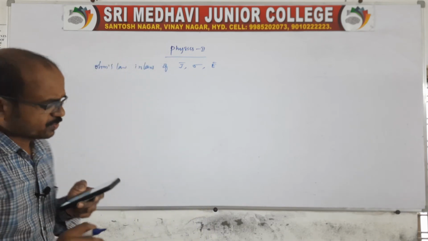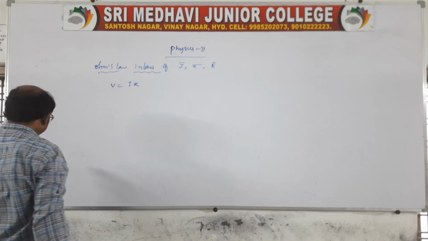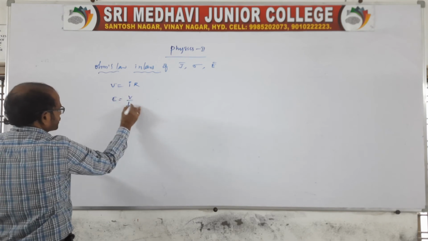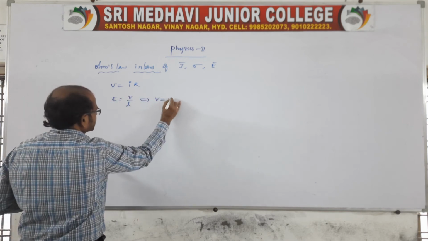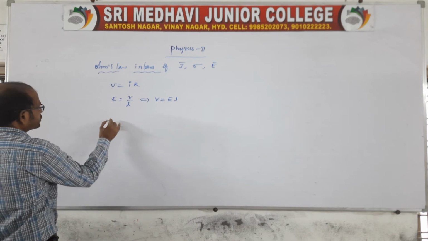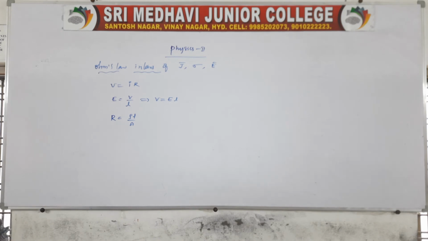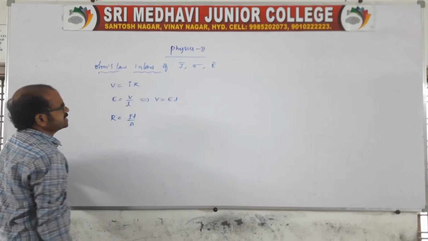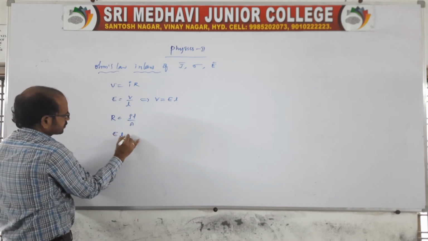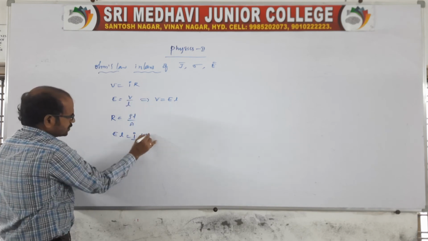Here we know about Ohm's law, V is equal to IR. But we know the potential, or EMF, is potential per unit length, so V is equal to E into L. And capital R is rho L by A. Use all this and substitute to get the relation, Ohm's law in terms of J, rho, E. So V is EL, I is I only, R is rho L by A. L is cancelled.